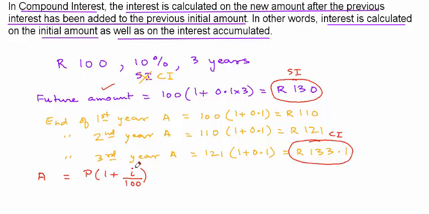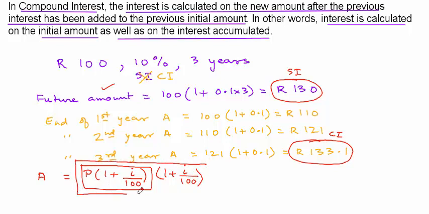So to find the amount at the end of the second year, this must be multiplied again with 1 plus I over 100. That's for 2 years. And this becomes the amount at the end of the second year. That becomes the initial amount for the third year, which needs to be multiplied with 1 plus I over 100 again. And you keep doing that n number of times.